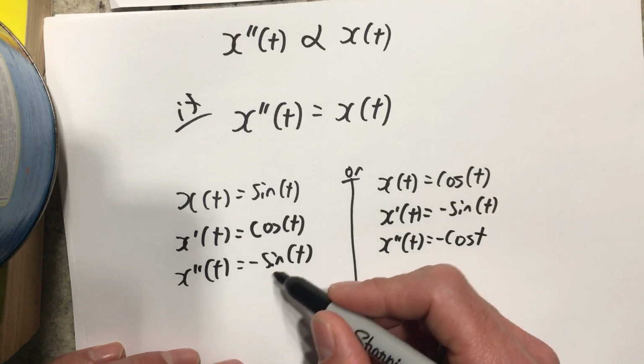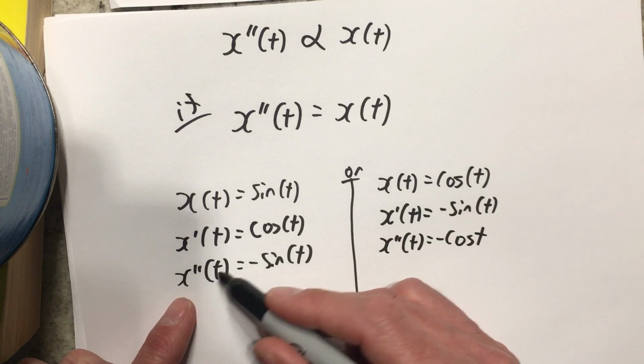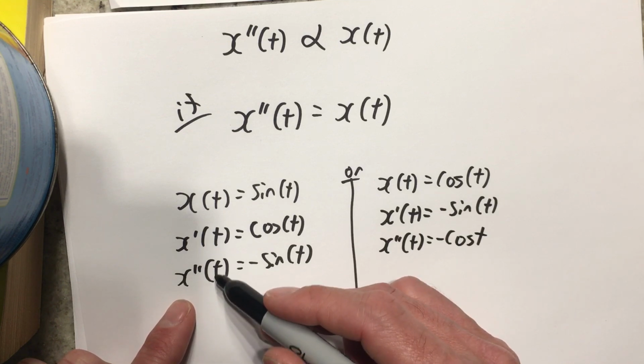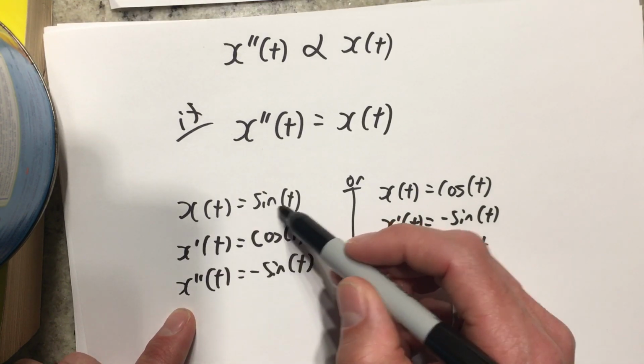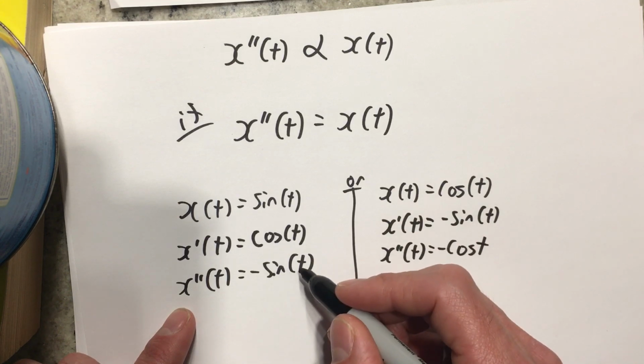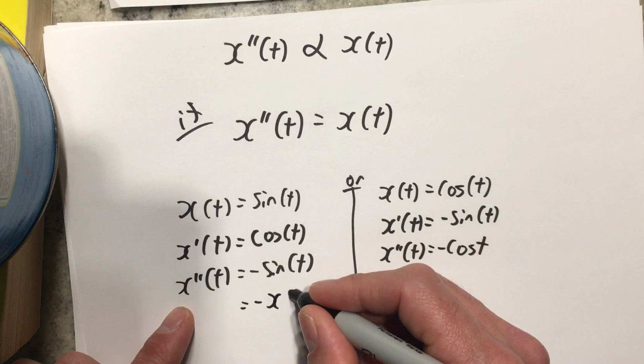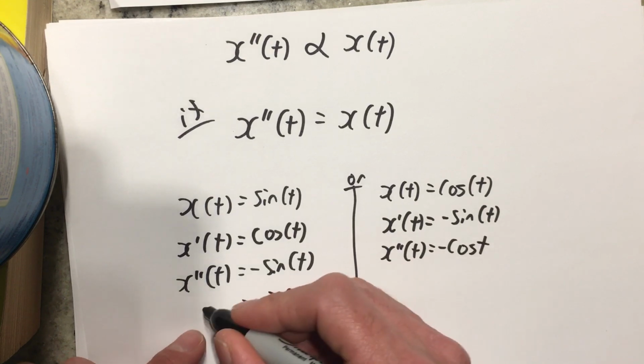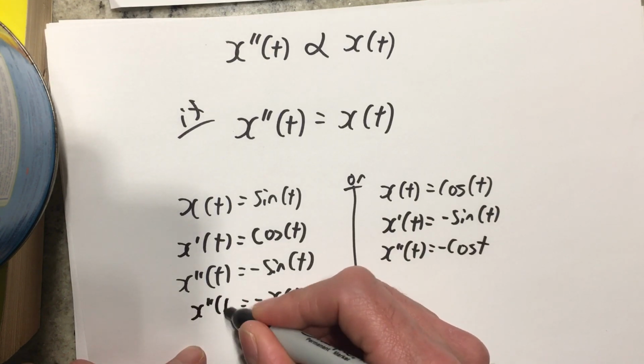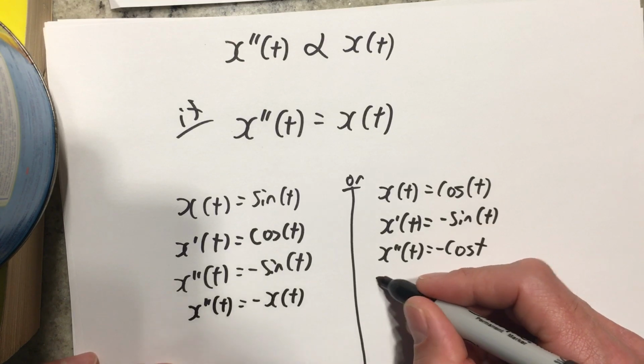However, in both cases, look at this. The second derivative of x at t, when x at t is the sine, is the negative sine of t. So the second derivative is the negative of the function you're taking the derivative of, both in this case and in that case.